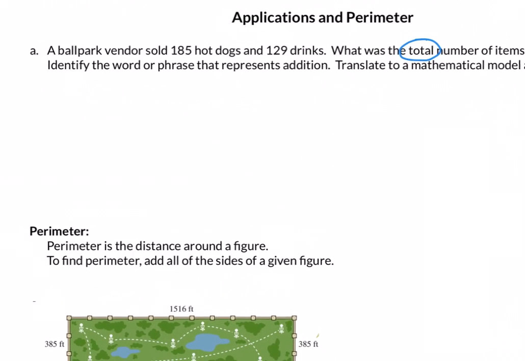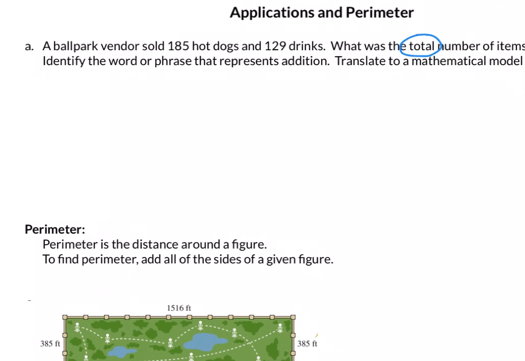So let's go ahead and add these two numbers together. So we have 185 plus 129. If we go ahead and add starting on the right, we get 5 plus 9 is 14. 8 plus 2 is 10, plus 1 is 11.